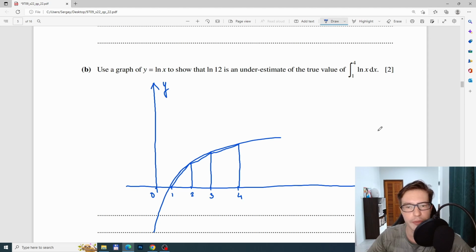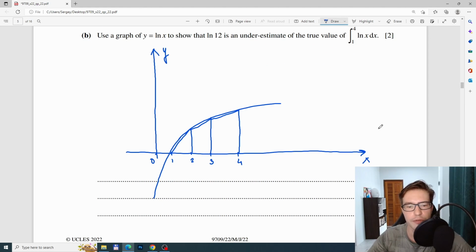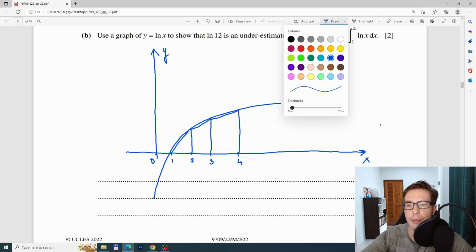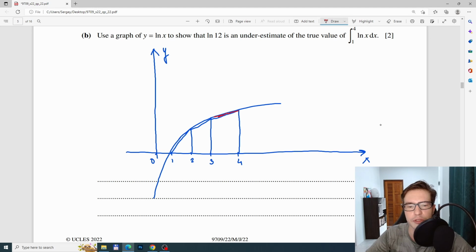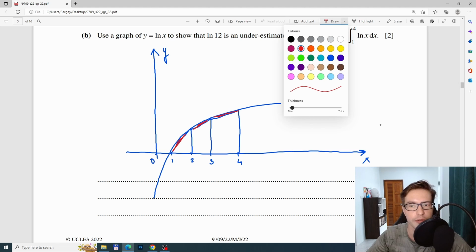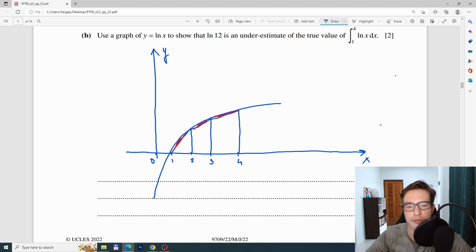Now, why is this going to be an underestimate? Because if you look at the graph, there are some gaps between the curve and each trapezium. I'm just indicating them in red. And that's why it's going to be an underestimate, because we're not accounting for those small red pieces. And I'm going to explain this as trapeziums are under the graph.